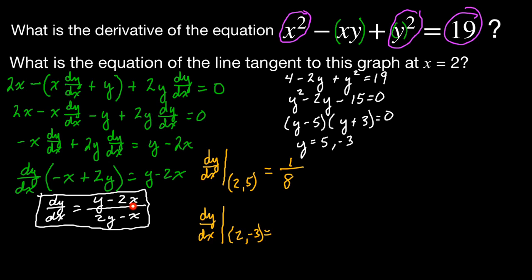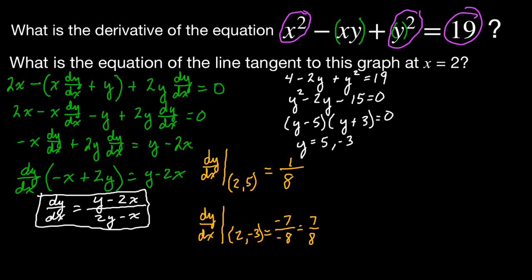I'm sorry, 2 times 2. So -3 minus 4, which is -7. And then here you'll have 2 times -3 is -6. And -6 minus 2 is -8. -7 over -8 reduces to a positive 7/8.